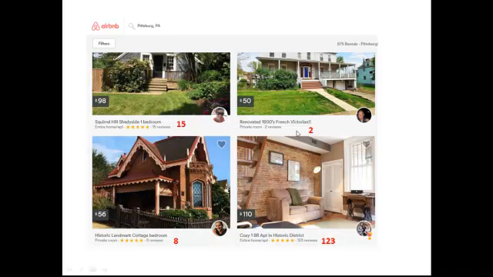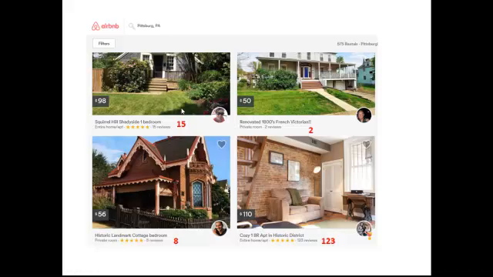One person has 2. This person here has 8 reviews, all 5 stars. And this one has 123 5-star reviews. So who are you going to be most confident in booking? Of course, it's going to be this person with 123 5-star reviews. Now, if their listing is not available, you're likely going to feel most comfortable with this person with 15 5-star reviews, and so on and so forth.